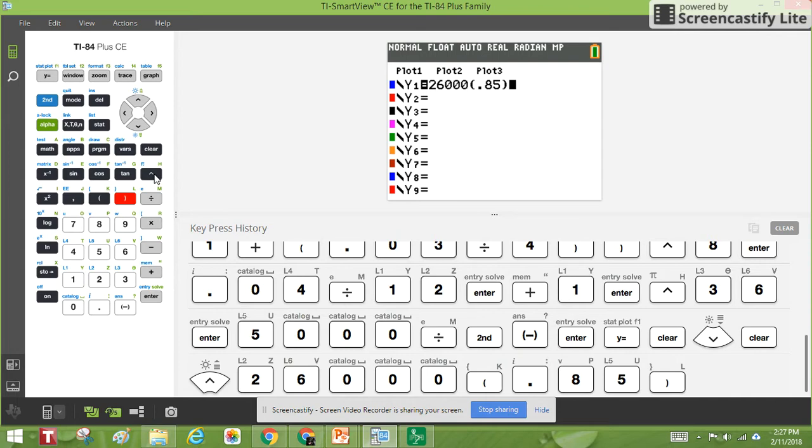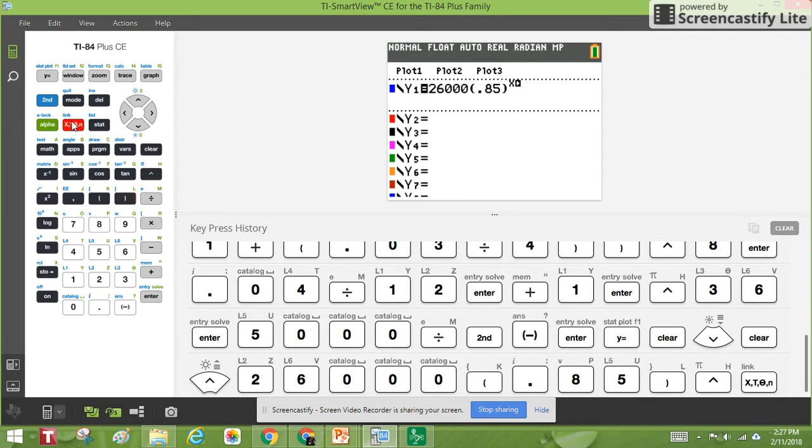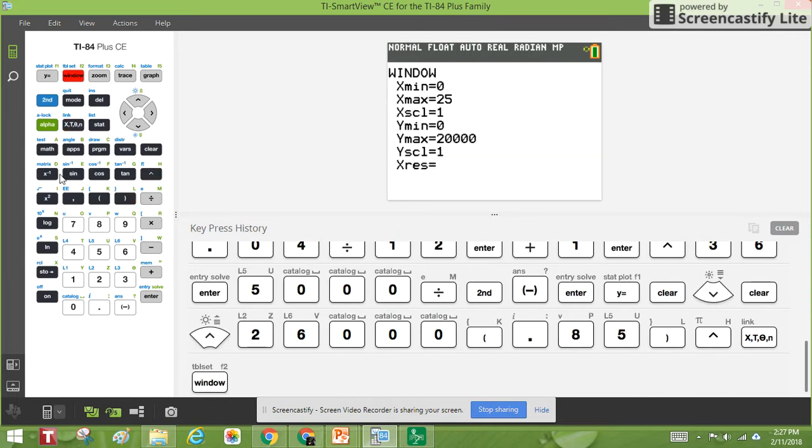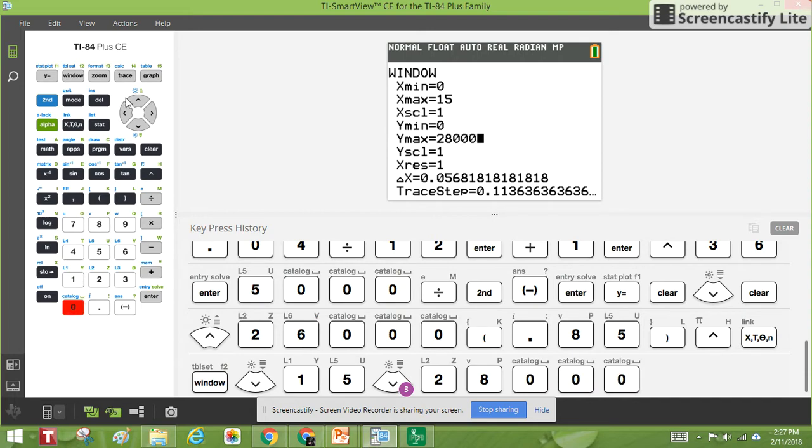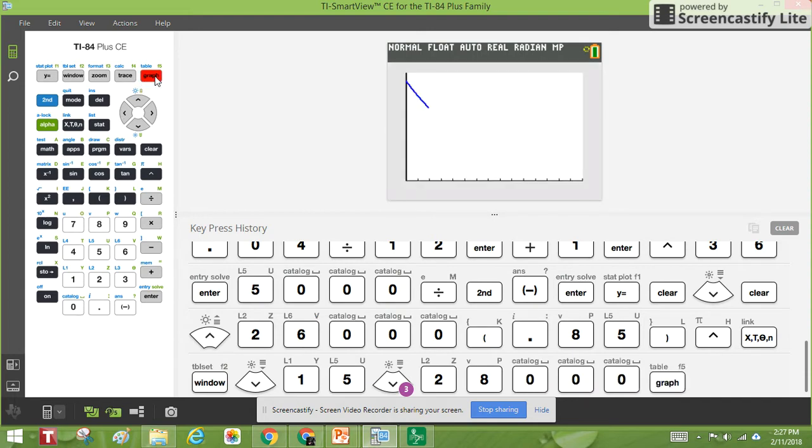I'm going to raise that to the X. And I'm going to set my window from X's will go from 0 to 15, and Y will go up to 28,000. And if you hit graph, you can see now what this particular model will look like. Again, remember, if you're transferring this to paper, you need to label your X and your Y axis.